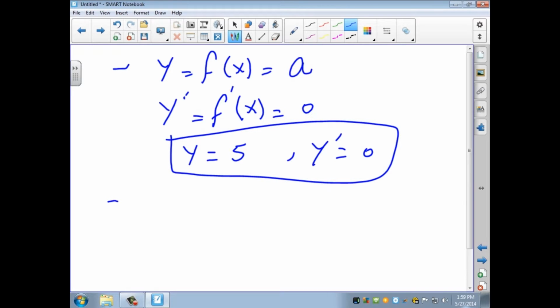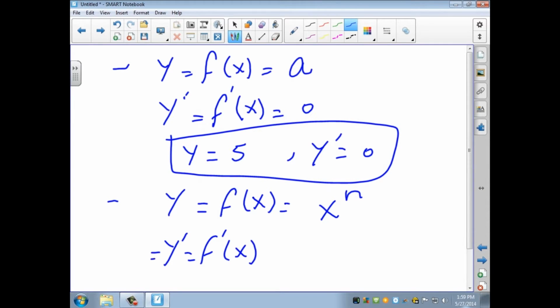Rule number 2. If y is a function of x and is equal to x to some n power, then y prime or f prime of x, which by the way sometimes you can show as dy/dx, meaning derivative of y with respect to x, all of them mean the same thing, would be equal to n times x to the power of n minus 1.